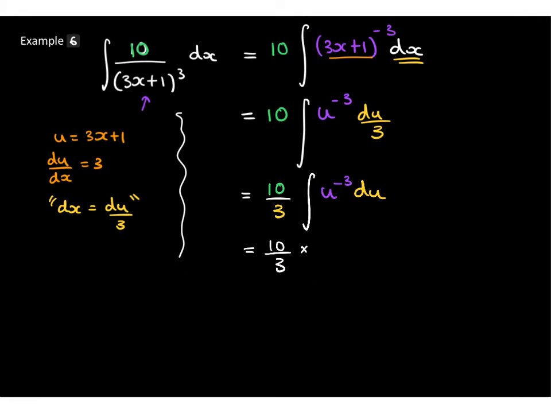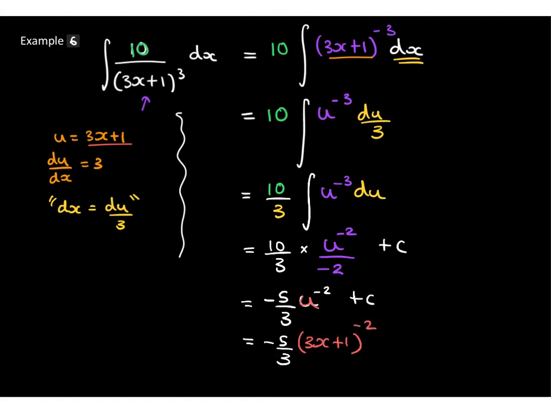Now u to the negative 3 becomes u to the negative 2, divide by the new power negative 2, and don't forget to add on a constant. So this then simplifies to negative 5/3 u to the negative 2. But of course, u, we know, is the same as 3x plus 1. So we need to put that back in.